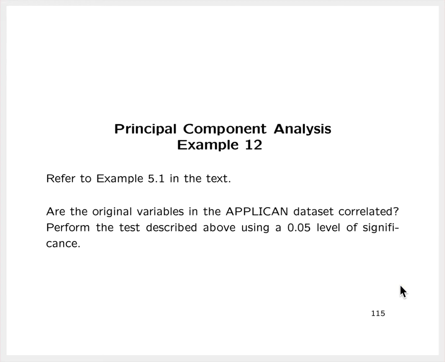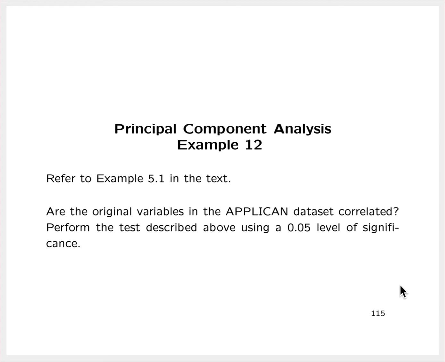And so this example utilizes the data in what's called the Applicant data set in the Dallas Johnson text. And so the question is, are the original variables in that data set correlated, or are they all pairwise uncorrelated? So the null hypothesis here would be that all of the response variables in that data set are pairwise uncorrelated.